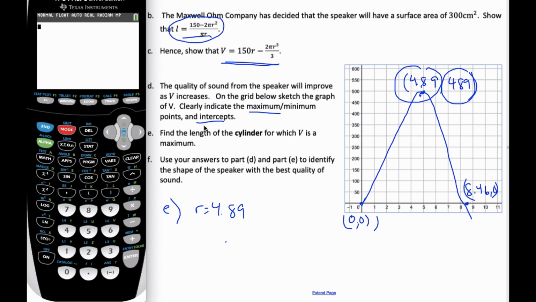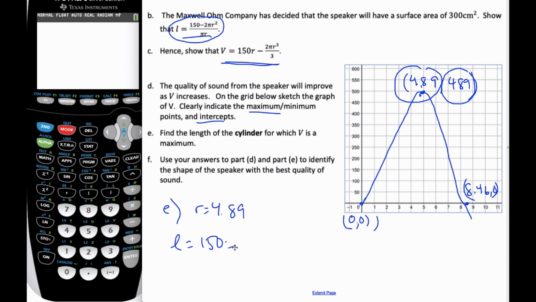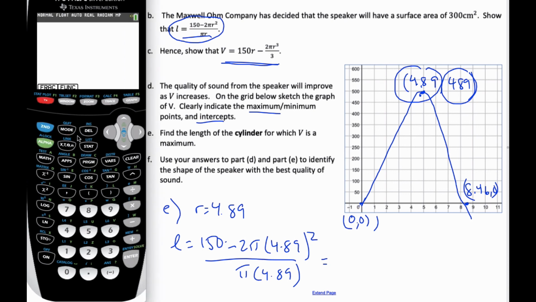And so when I plug that R in, I get L is equal to 150 minus 2 pi 4.89 squared over pi times 4.89. So I'm showing the calculation I'm doing. This is going to be my method point. And then if I just use my calculator, if I make myself a fraction, and I go 150 minus 2 pi x squared, because the x is from my graph.